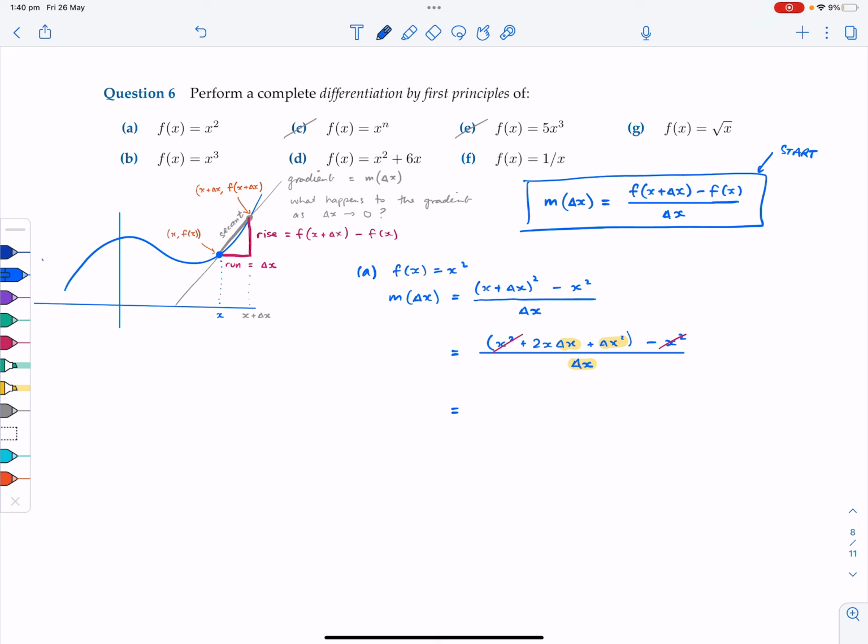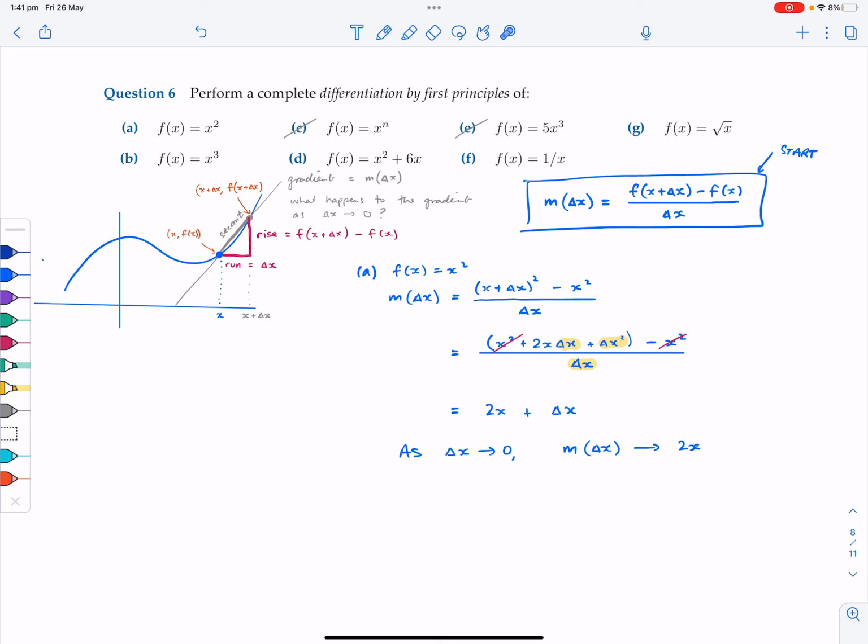But now, look at this. We've got 2x delta x plus delta x squared over delta x. That is 2x plus delta x. That simplifies to that. There's no more fraction, no more denominator, right? And so as delta x approaches 0, you can see that the gradient of the secant approaches 2x, because that approaches 0, so it's like vanishing.